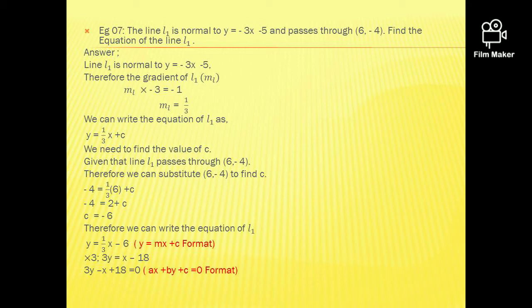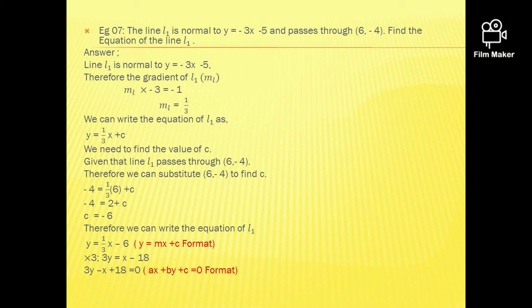Therefore, I will write the equation of line L1 as y equals 1 over 3x plus c. Now our question is how to find the value of c. To find the value of c, they have given another piece of information: the line passes through 6, minus 4. That means the line y equals 1 over 3x plus c satisfies the condition x equals 6 where y equals minus 4.